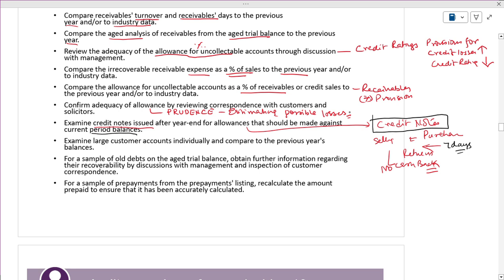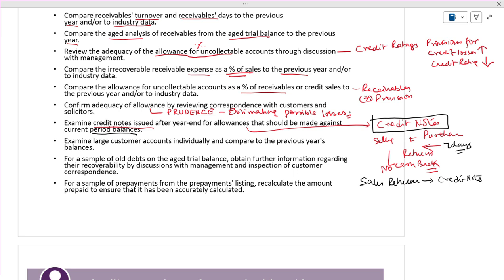Means you have any sales returns. For any sales returns, there will be a credit note. In the sales we will use credit note. In the purchases we will use debit note.